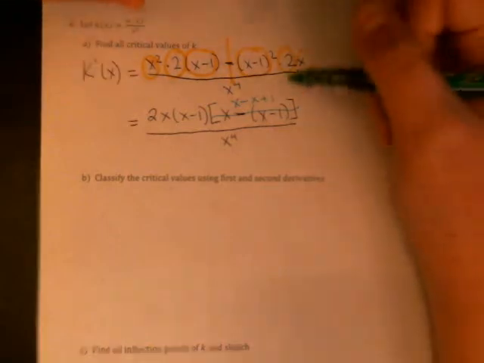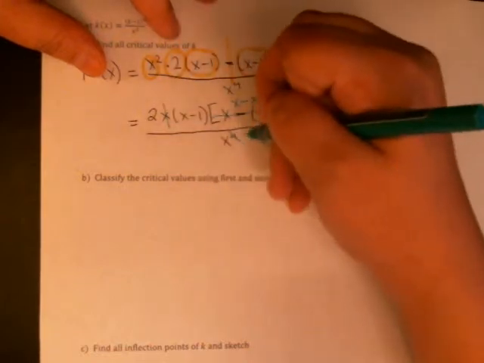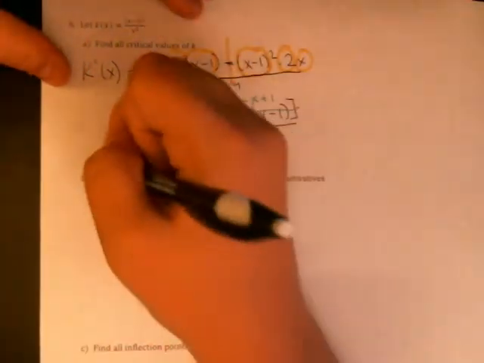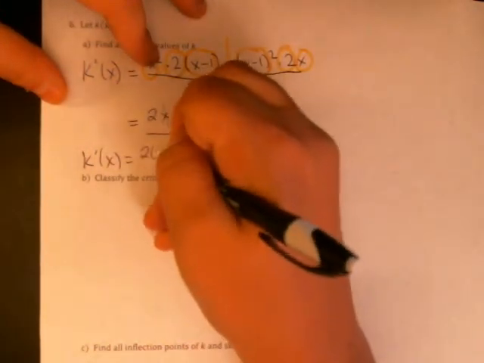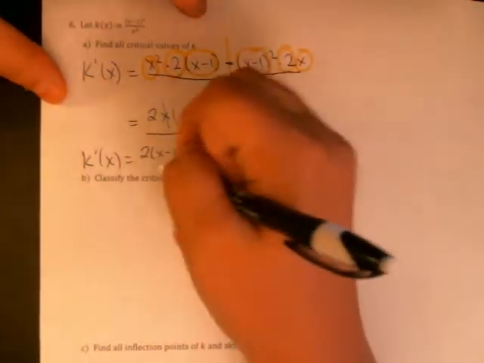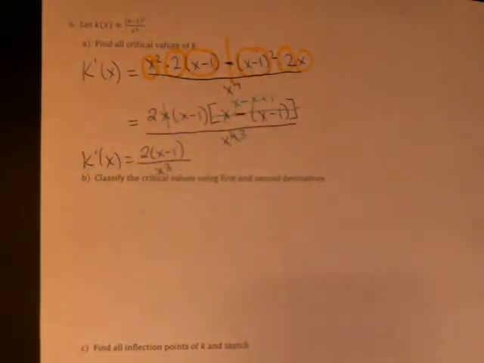So this doesn't need to show up, it's just times 1. We can cancel out one of the x's. So what we really end up with is that k prime of x is equal to 2 times x minus 1 over x cubed. So that actually simplified really nicely.